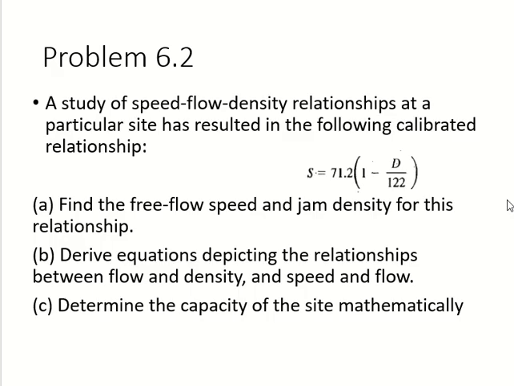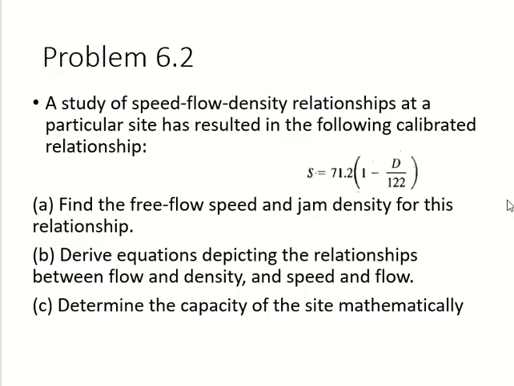71.2. And how do I prove that this is my free flow speed? Put D as 0. Free flow speed is the maximum speed, so when the speed becomes maximum, the density is 0. Got it? Clear or not? And what is this 122? Jam density. And how do I prove this is my jam density?